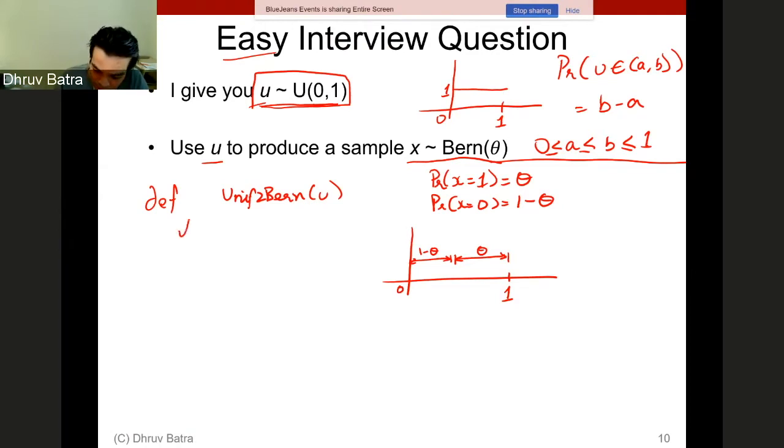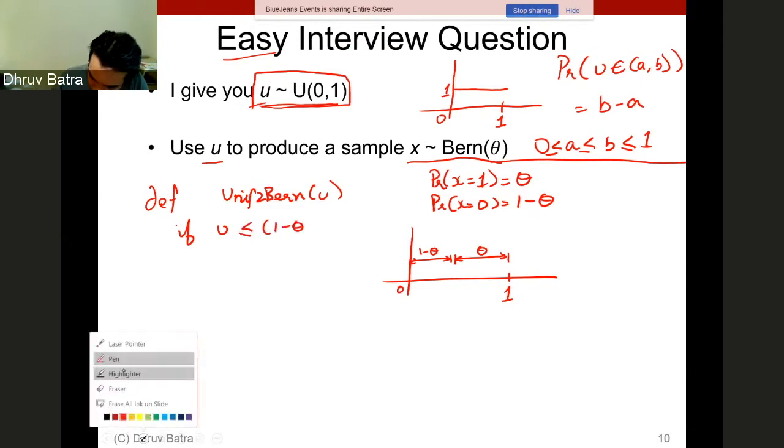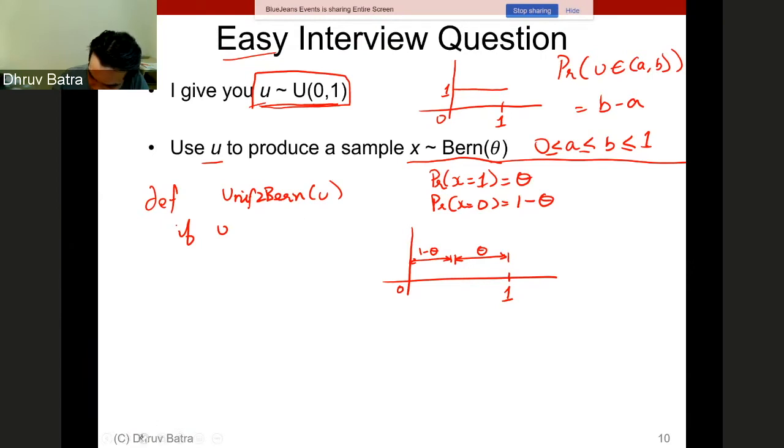So you can say, if u is greater than 1 minus theta, return 1, else return 0.